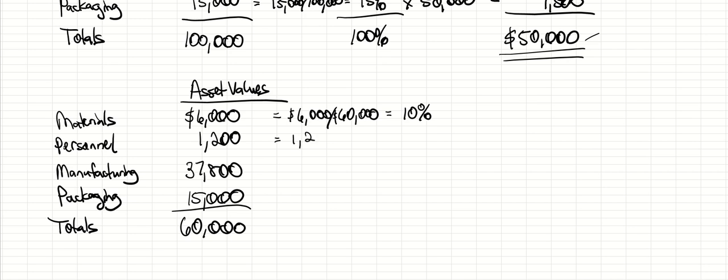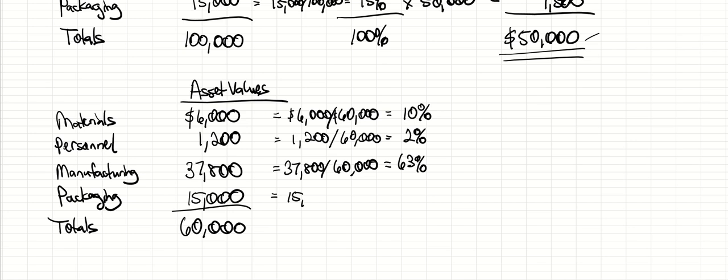Then 1,200 for personnel divided by 60,000. That's going to come out to be 2%. Then 37,800 divided by 60,000 comes out to be 63%. And then 15,000 divided by 60,000 comes out to be 25%.